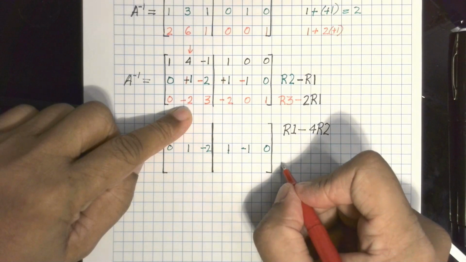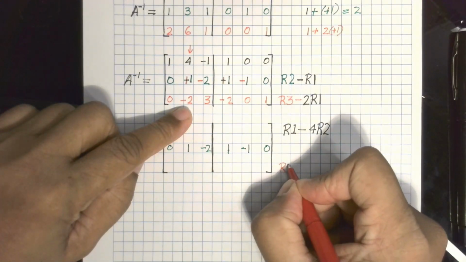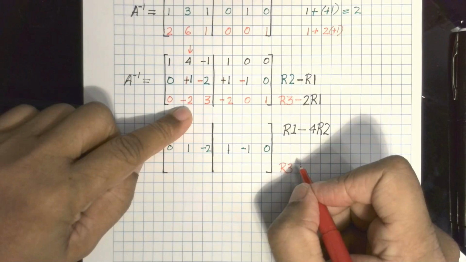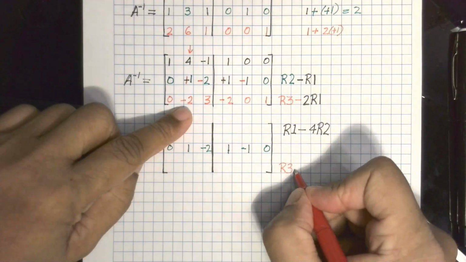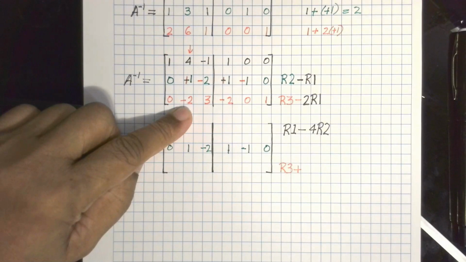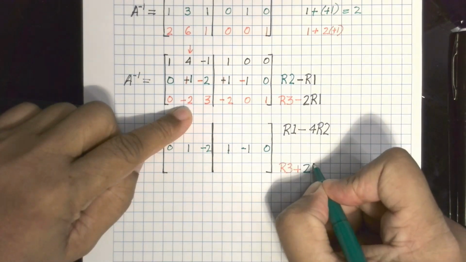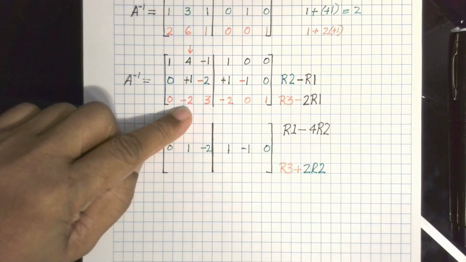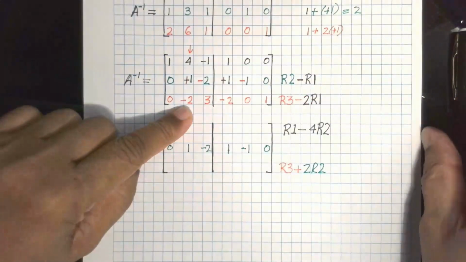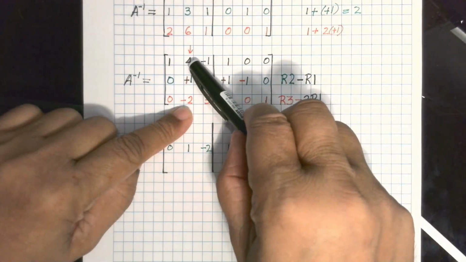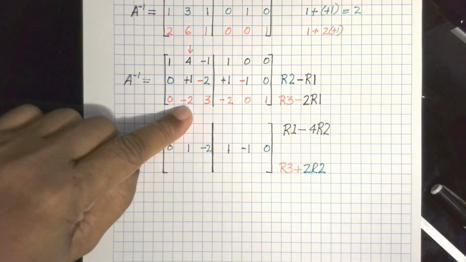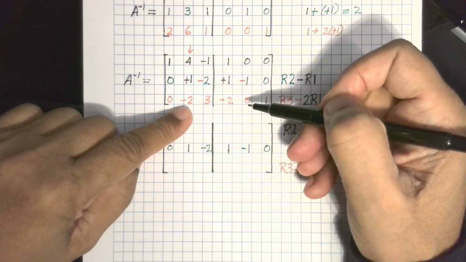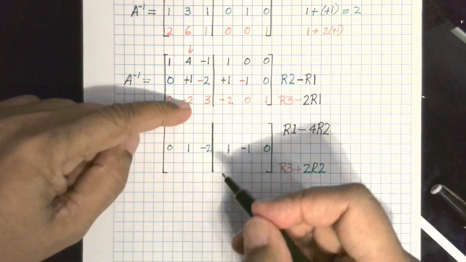I am going to take row 3 and I'm going to add 2 of row 2. So that would be 2R2. Okay? And that's what my plan is, to make this into a 0 and that into a 0, right? To match these guys here, right? So let's go and deal with this.